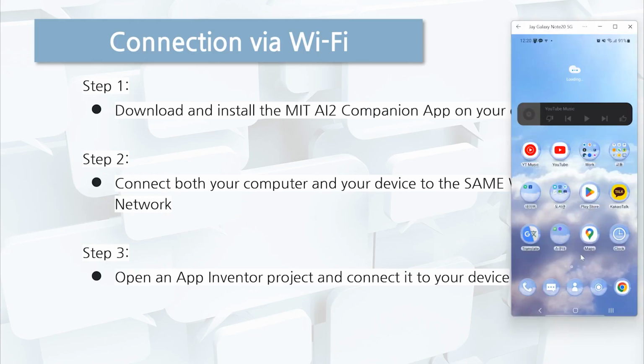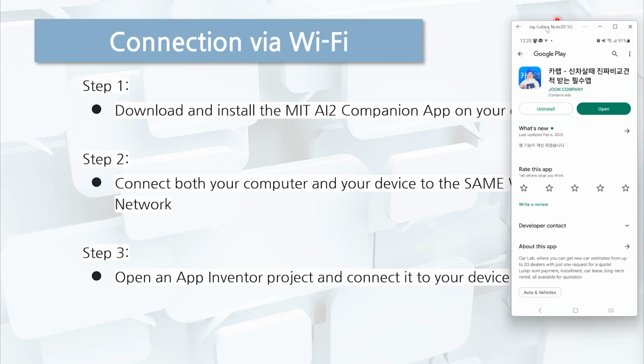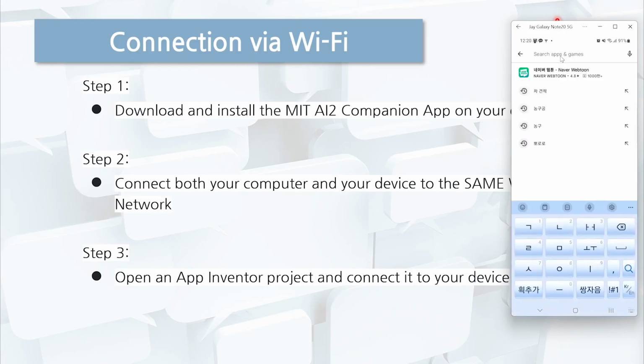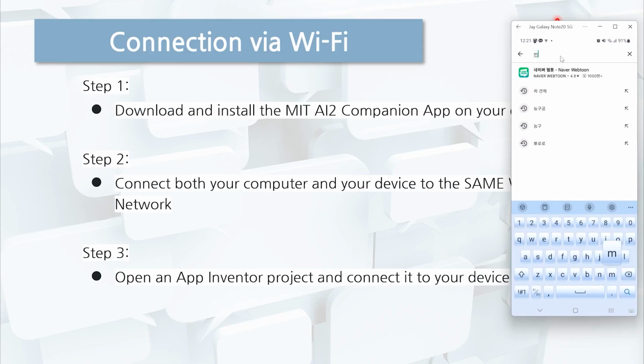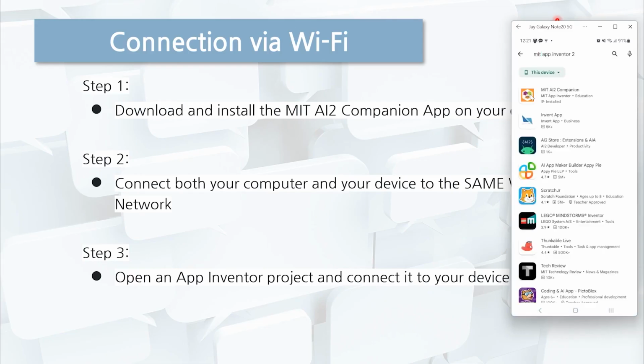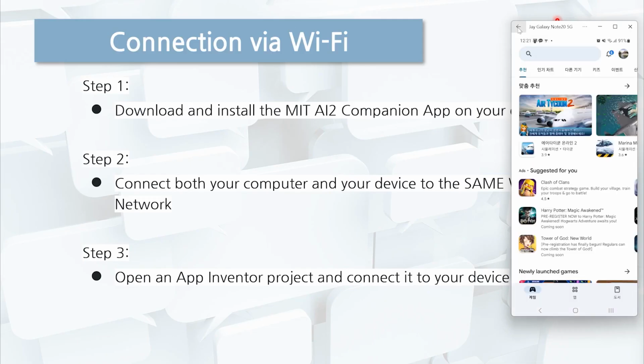In order to first download MIT AI2 Companion, you go to the Google Play. And you can just type MIT. Then you can see the MIT App Inventor 2, and you can click and download it. I already downloaded it. Then if you download, you can have some message.